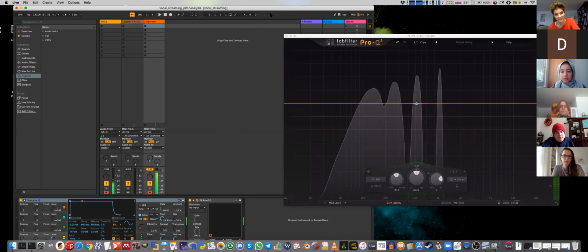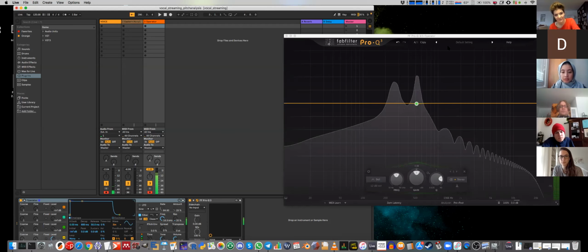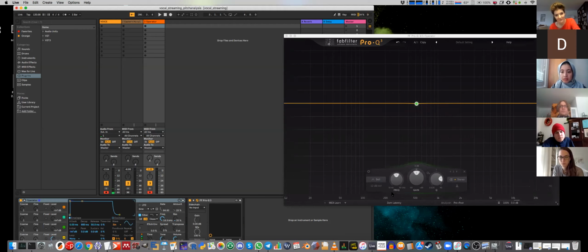Now you see that the distance between these is the same, right? Why is it the case? Because this scale here is logarithmic. In the real world, the difference in vibration between one sound and an octave higher is exactly double.